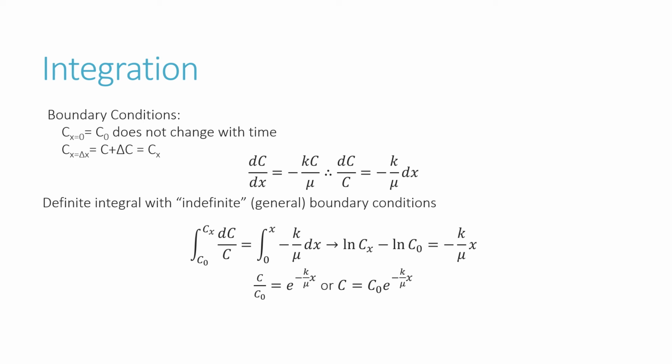The conditions are unique to our assumptions about the system, but we do not specify any numbers, so they will provide a general, almost indefinite form of the concentration in terms of x. The final equation reads the concentration of C as a function of x is equal to the initial concentration of C times e raised to the negative k, the reaction constant, divided by mu, our average velocity, times distance.